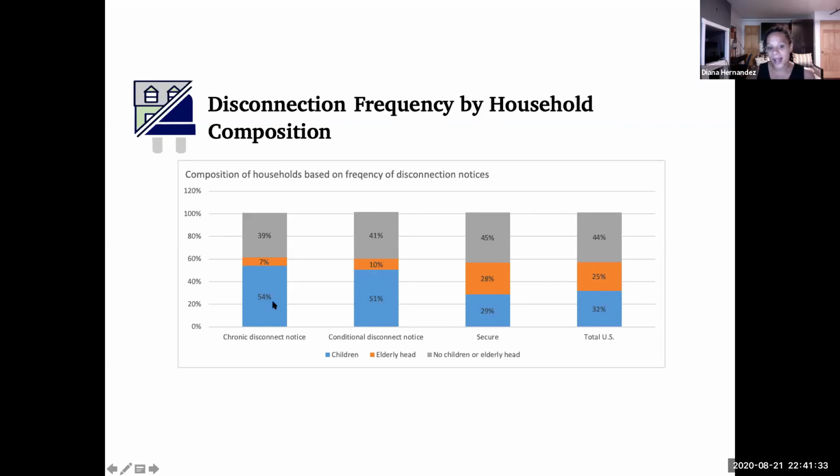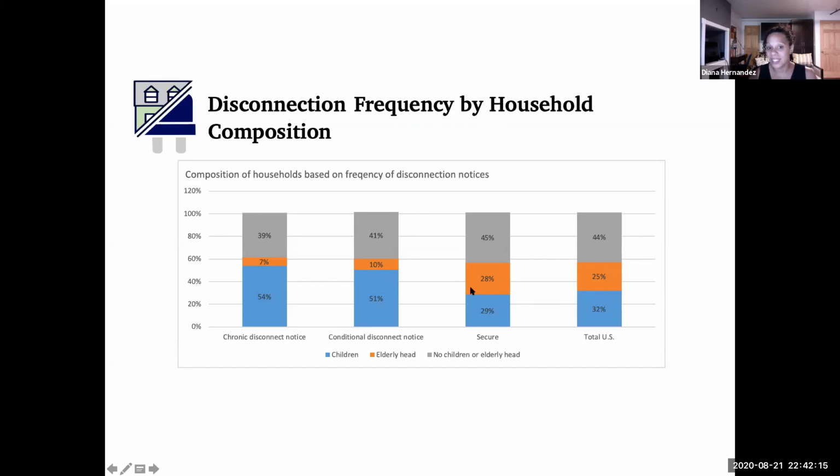And what you see is that for households with children, the blue side of the bar, over half are experiencing chronic or conditional disconnections, in comparison to the elderly or households with just adults, which in my mind are an underappreciated group of vulnerable populations because they can't anchor their vulnerability on age or where they are in the life course. It's just interesting to think about.